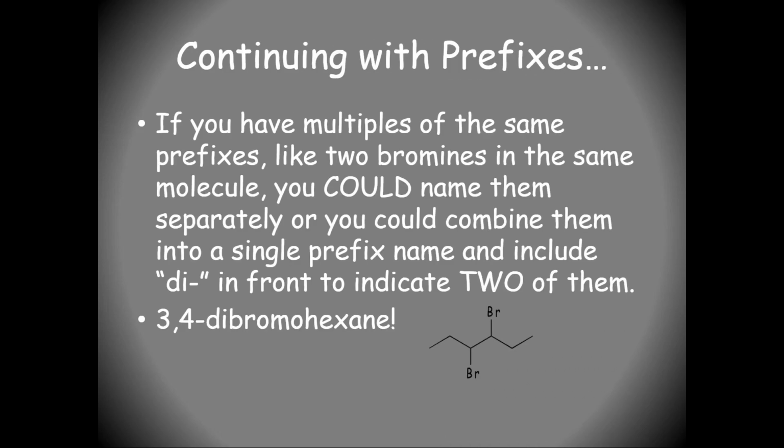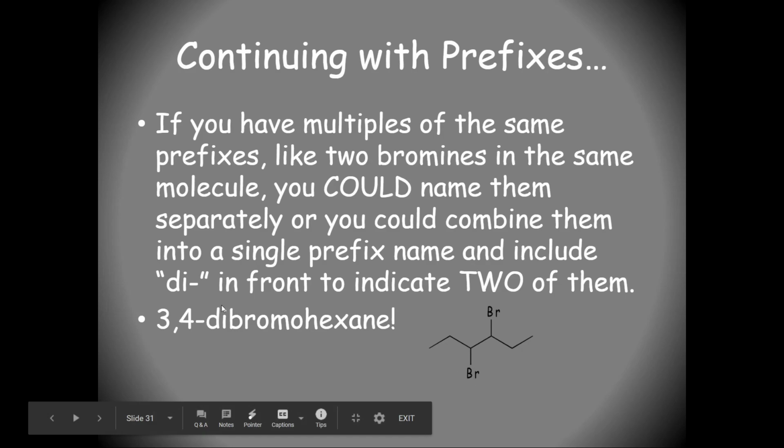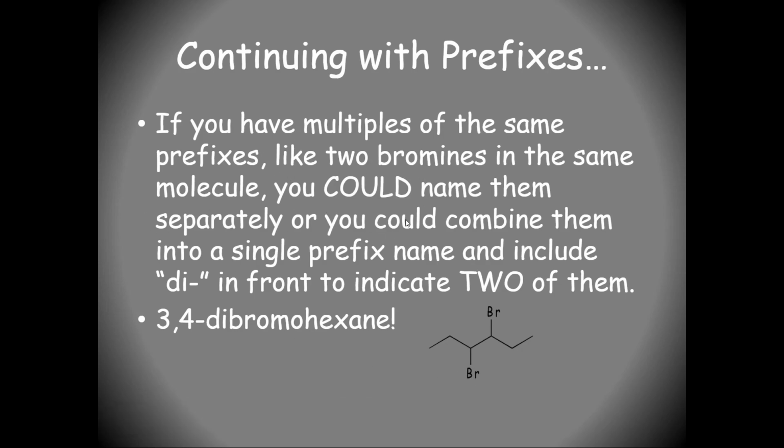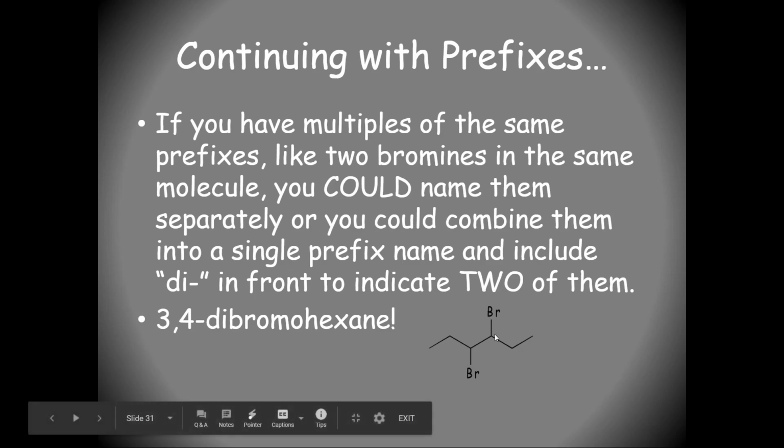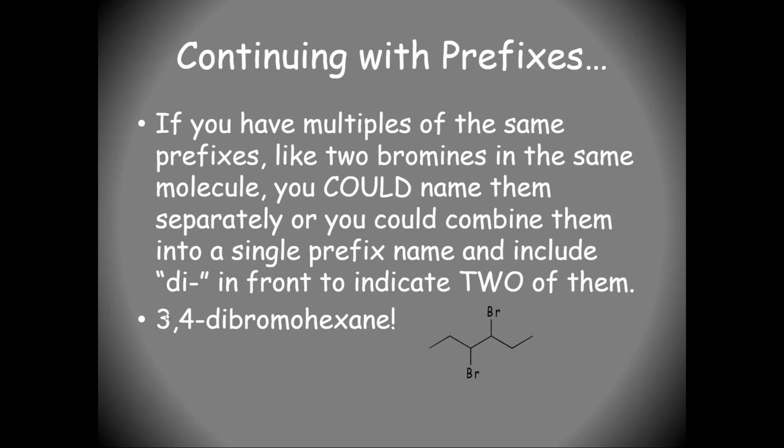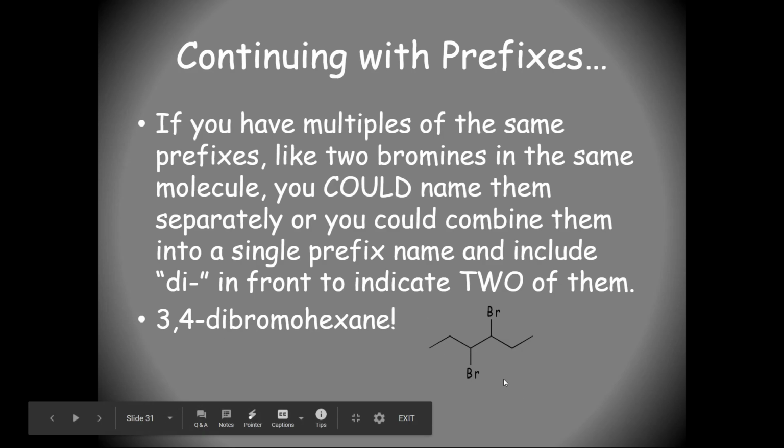If you have two multiples of the same prefix, like in this example where we have two bromines, you could name them separately, or you could combine them. So in this example we put 3,4, indicating both positions, dibromohexane.